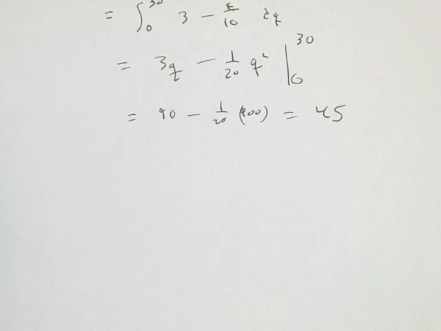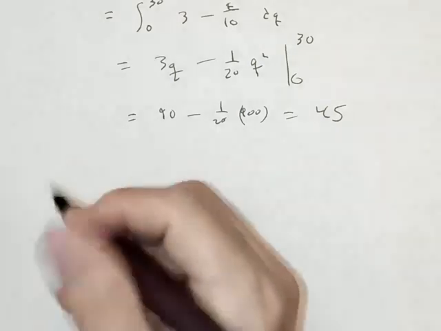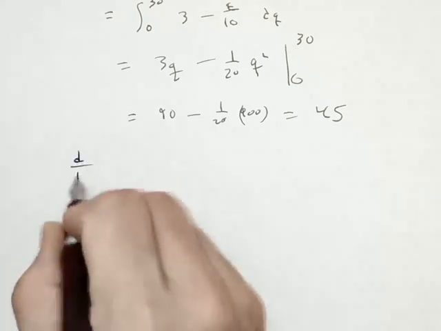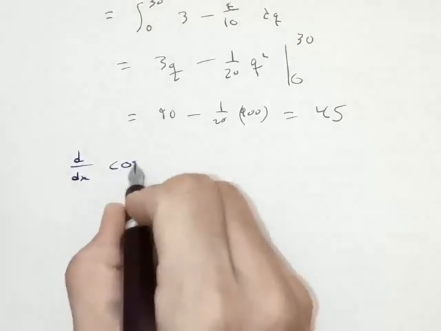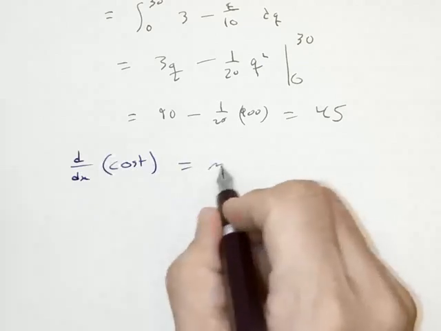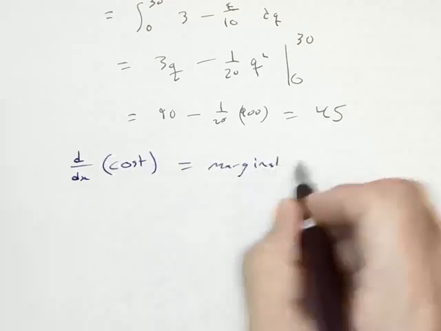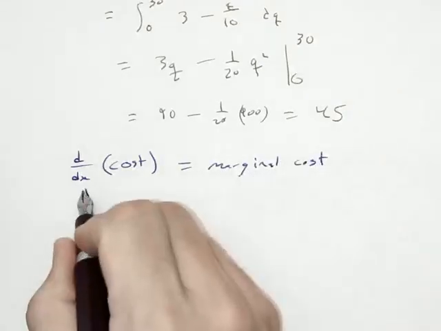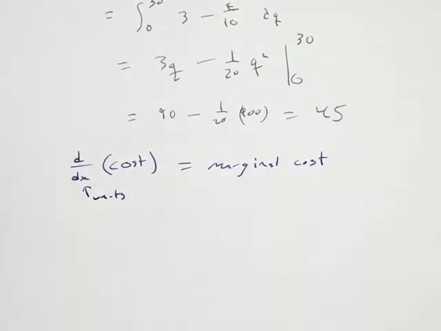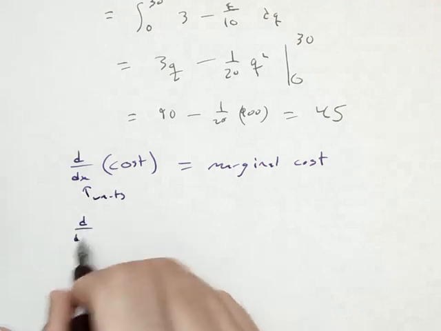We did a lot of taking derivatives in business applications back in chapter 3. So we had marginals. The derivative of a cost function was called marginal cost, where this x was units. And then the same thing was true for revenue.